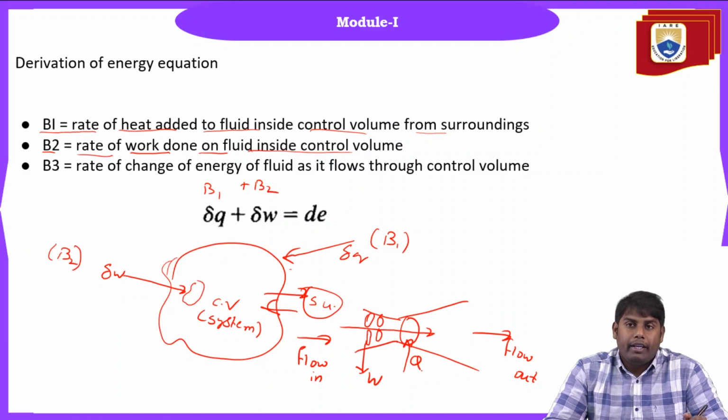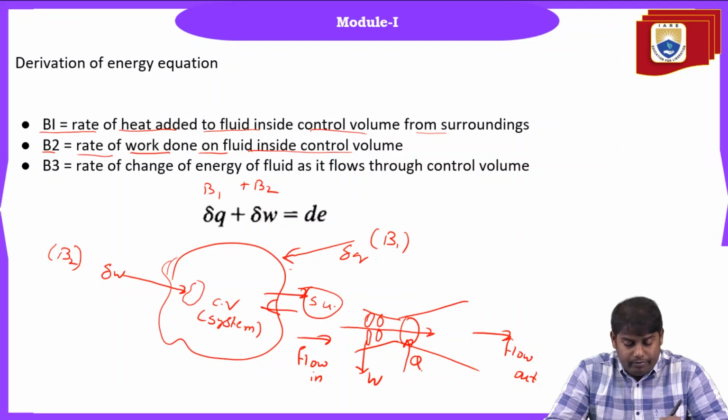Now what is happening? When a flow is entering through this open system, because of the compressor, work is applied on the flow. Then heat is applied on the flow. Because of the change in work and heat, there is a change in internal energy of the flow which is going outside.